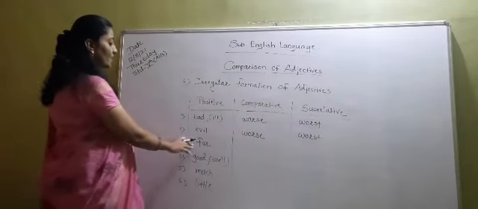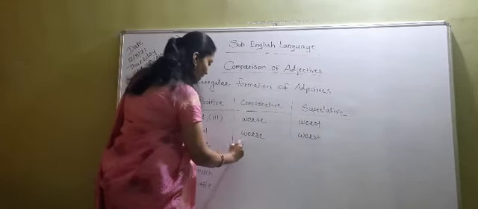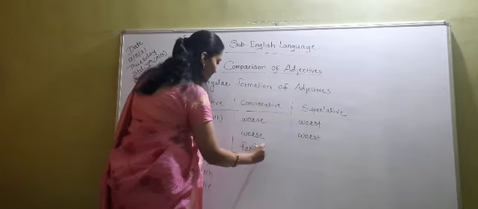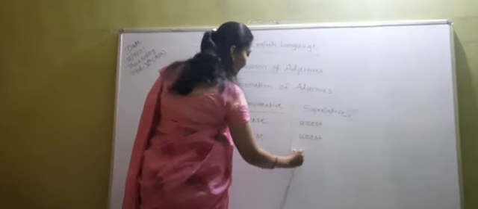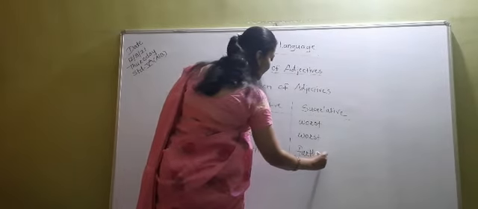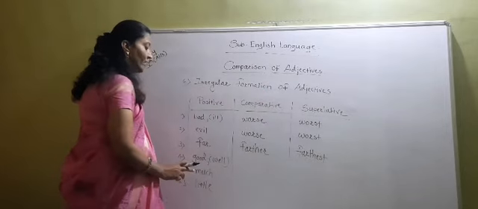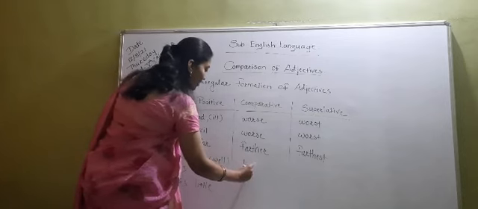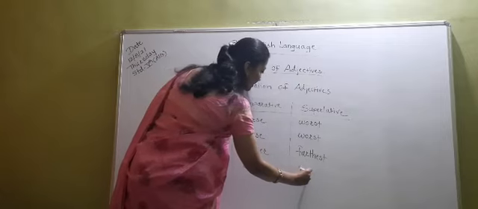Then far. Far, farther, you have to add er to this word adjective. Far, farther, farthest. You have to write here farthest. Okay. Then good, well. We can use good, better for comparative and best for superlative degree.